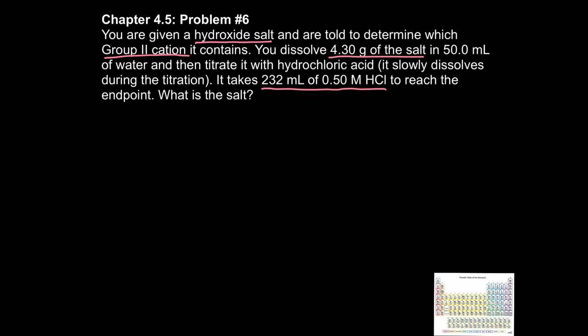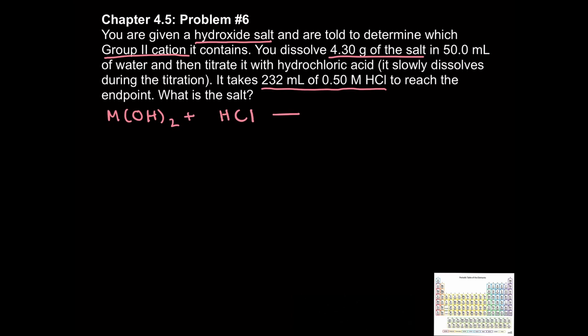Now that we understand the components of the problem, let's write out the balanced equation. We have an unknown group 2 cation with a hydroxide, so we will denote that as M(OH)2. That is added to HCl.